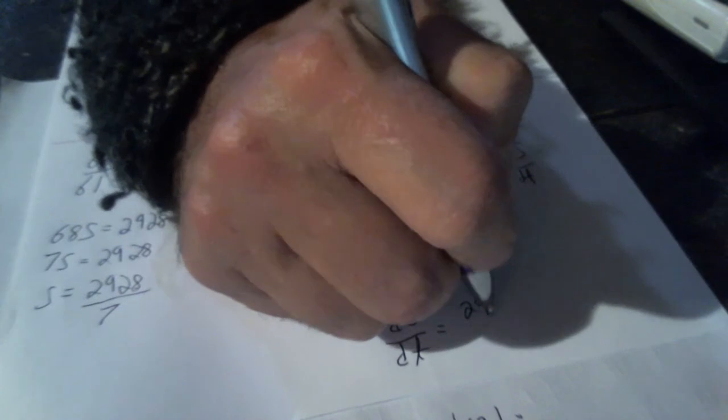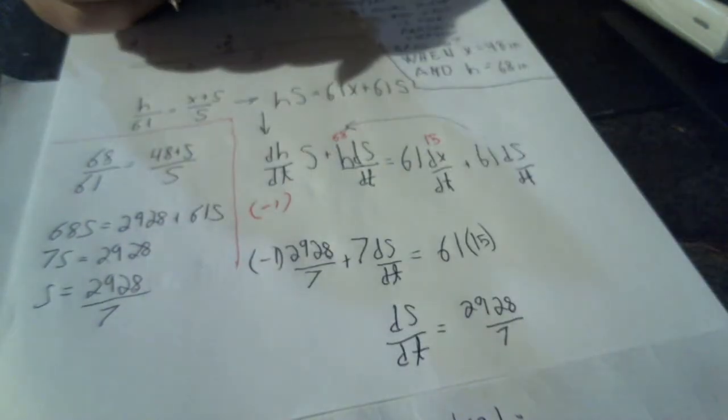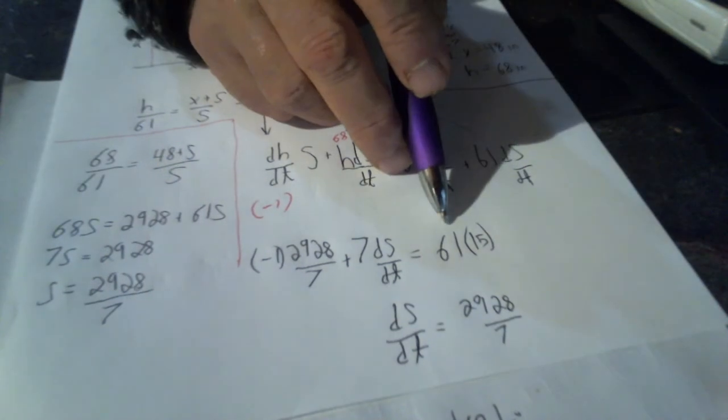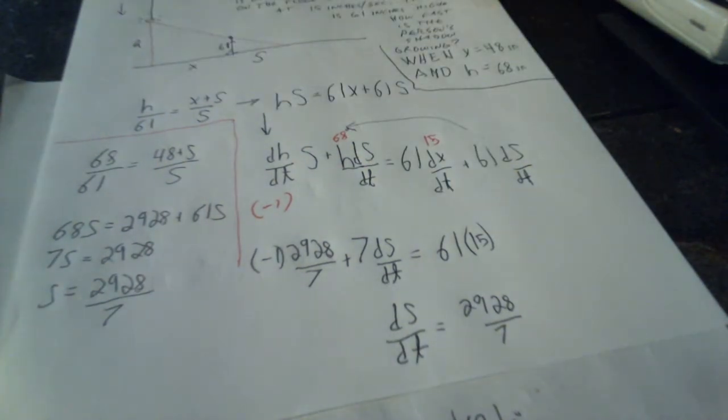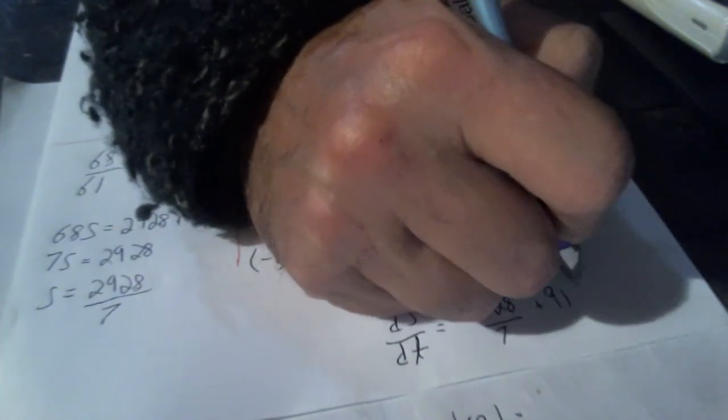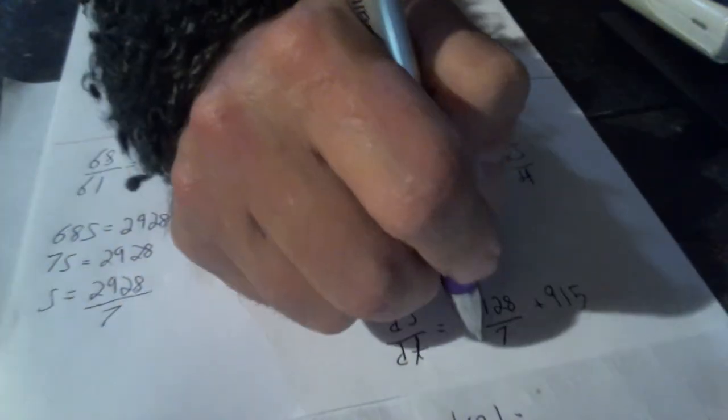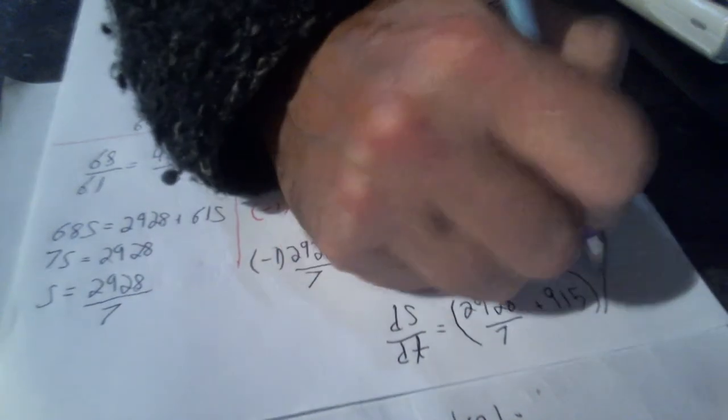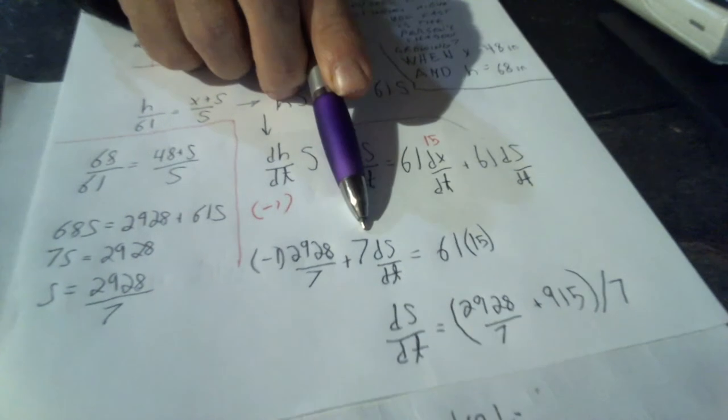So ds dt is equal to 2928 over 7 plus 61 times 15. Give me a second. That's 915. And then this whole thing divided by 7, because of the 7 in front of the ds dt.